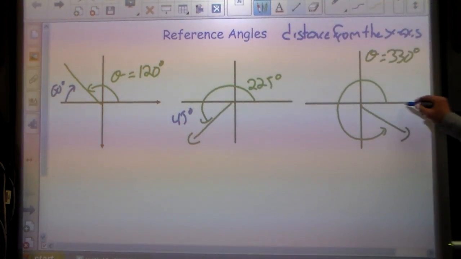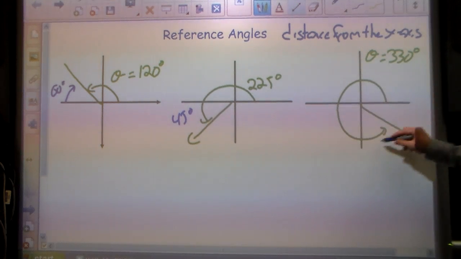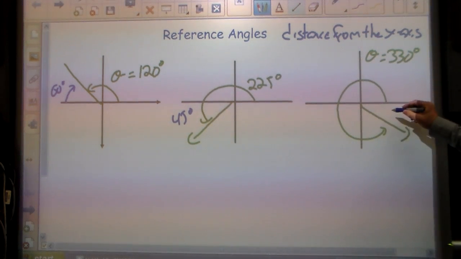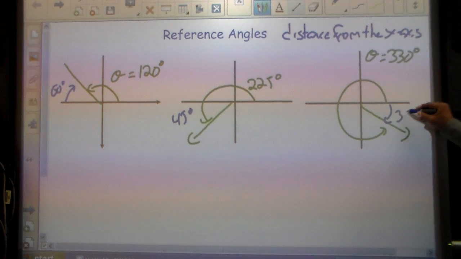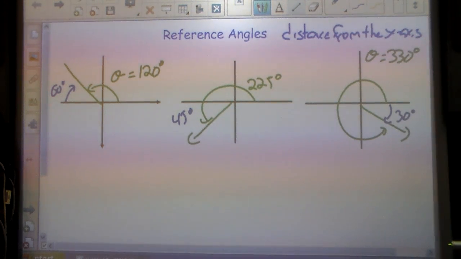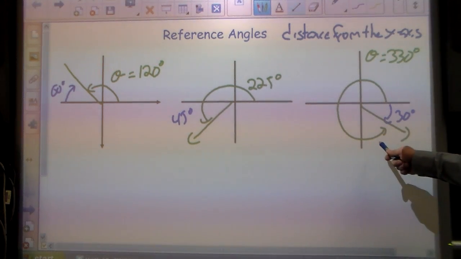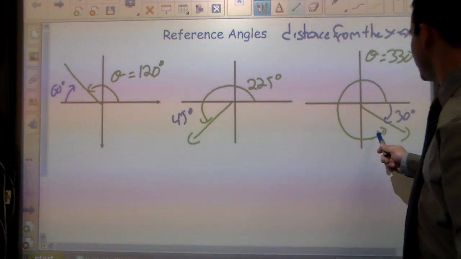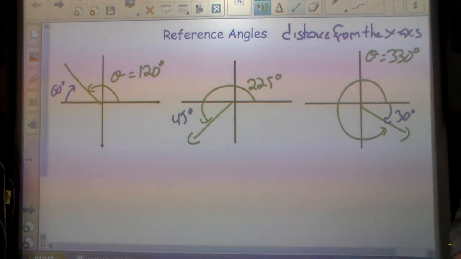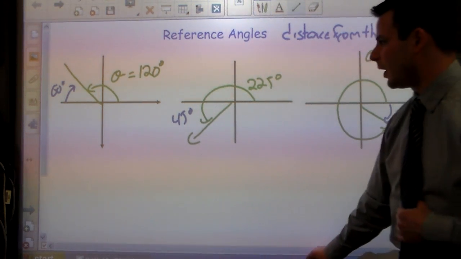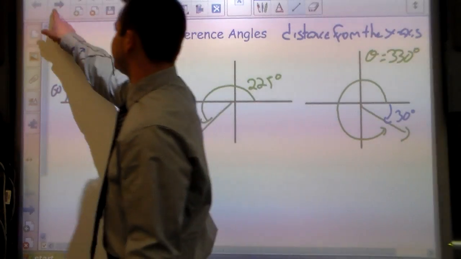And in this case, since this line represents 360 degrees, if I were to continue around, that means I have 30 degrees remaining for my reference angle. Therefore, an angle of rotation of 330 degrees, which lies in the fourth quadrant, provides a reference angle of 30 degrees. So now let's see what these things are used for.